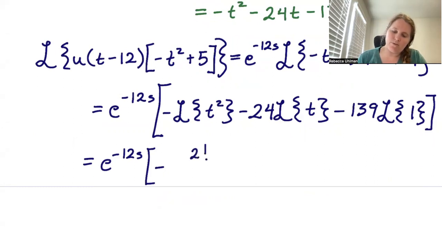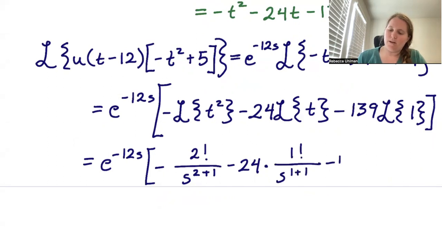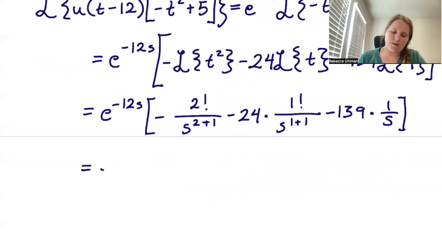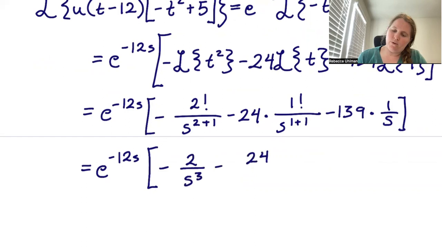We again would do 2 factorial over s to the 2 plus 1, and minus 24 times 1 factorial over s to the 1 plus 1, and then minus 139 times 1 over s. So this Laplace transform becomes e to the negative 12s times negative 2 over s cubed minus 24 over s squared minus 139 over s.